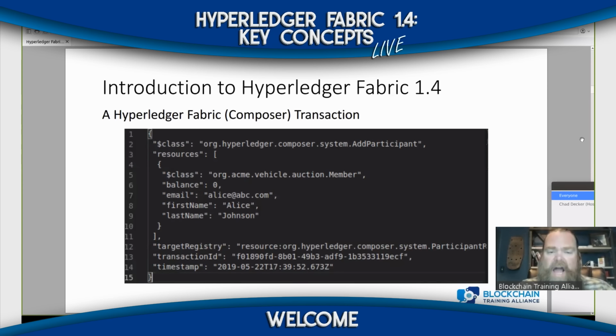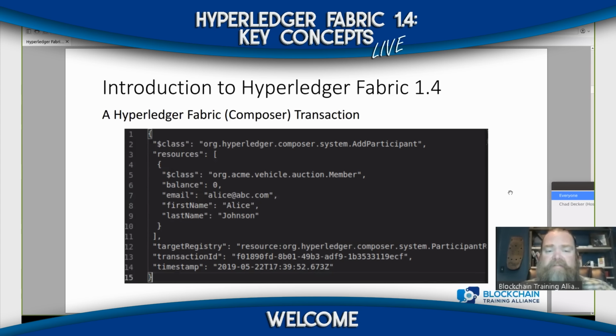And if we look at a Hyperledger transaction, you can see compared to something like Bitcoin or Ethereum, this is very, very free form. You can see in this particular example, we've said, hey, for a member of our site, we want to track a balance, an account balance. We want to capture their email. We also want to capture their first and last name.